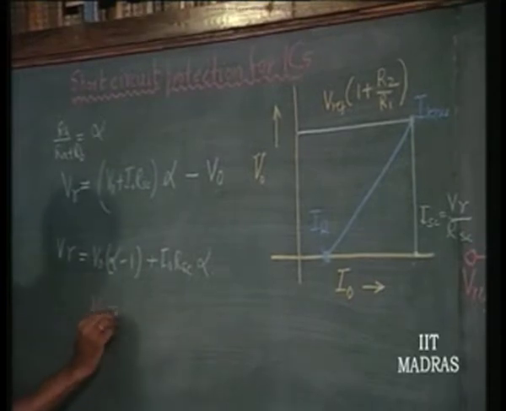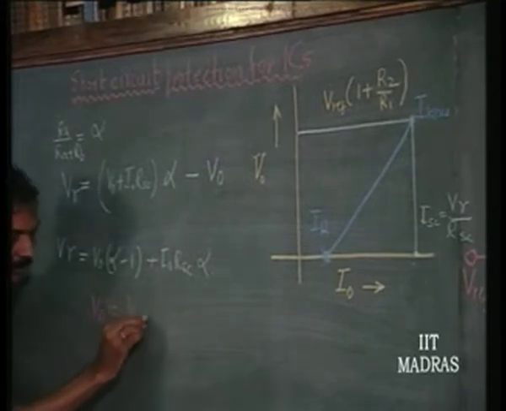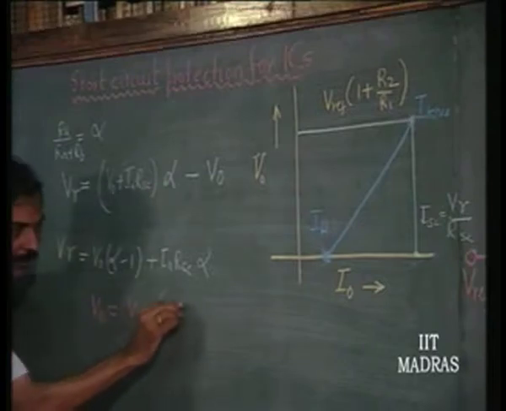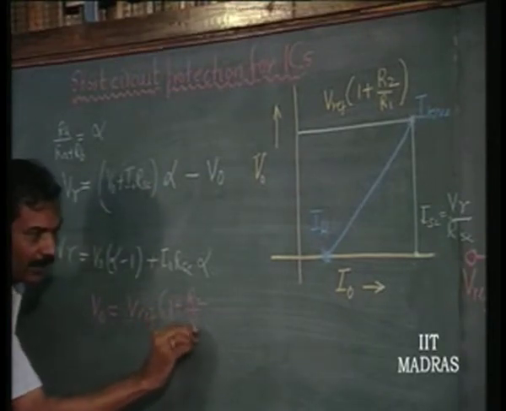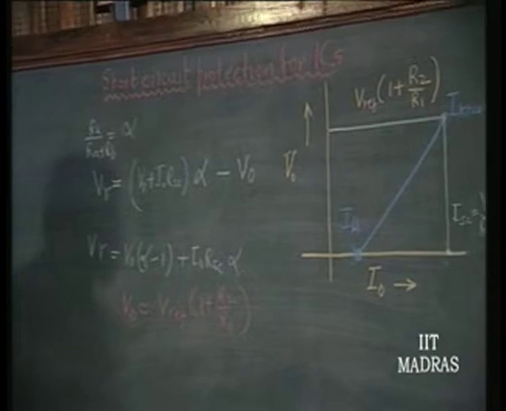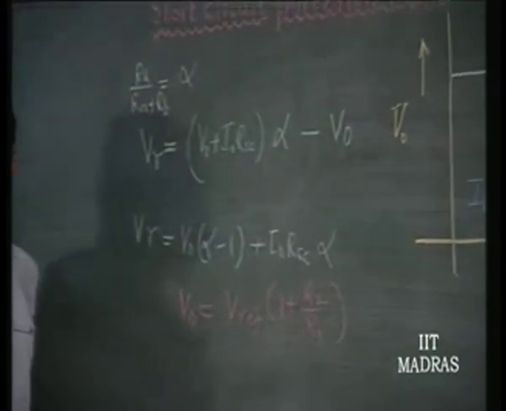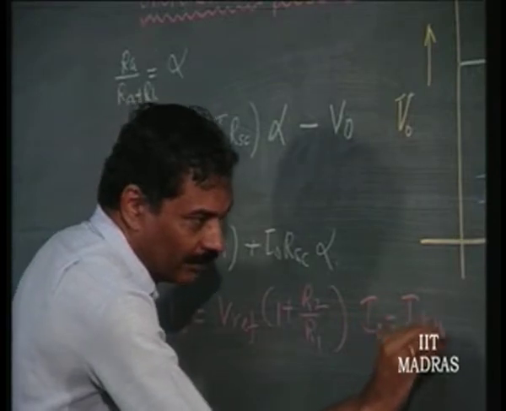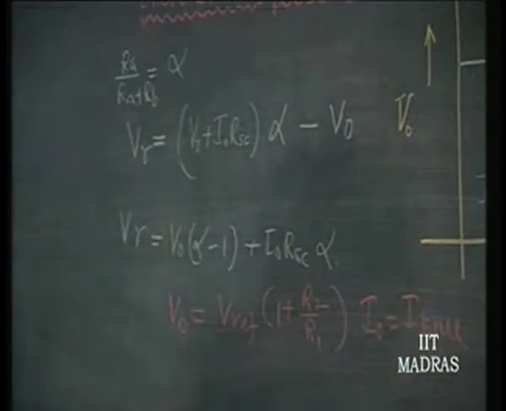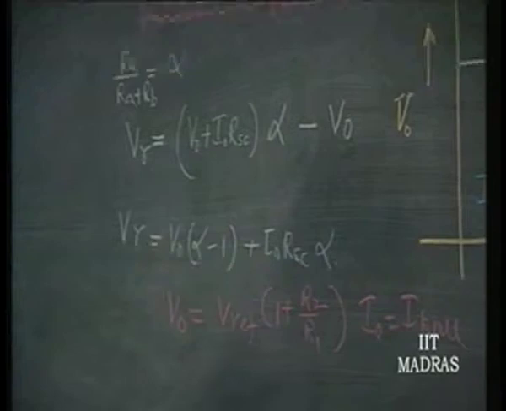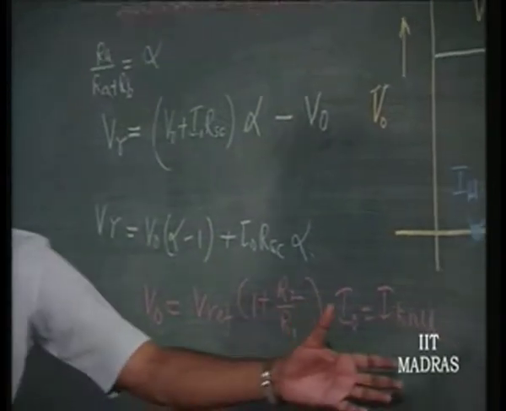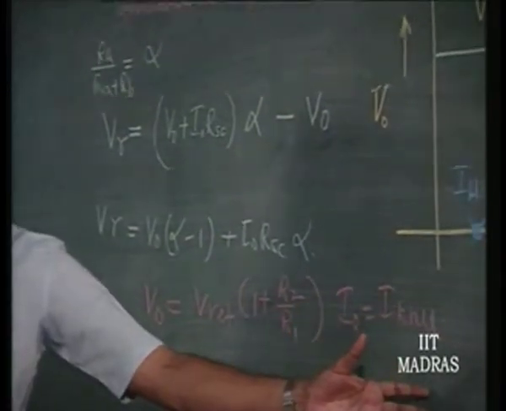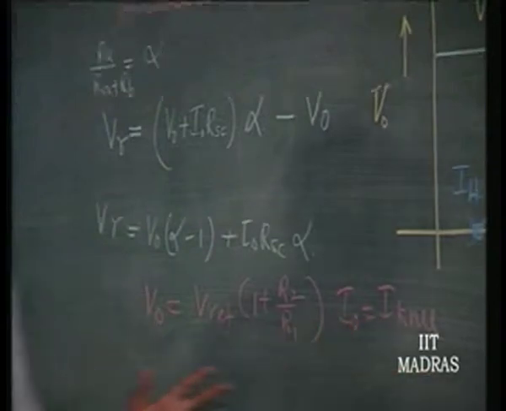V naught equals V reference into 1 plus R2 over R1. We know the value of I naught. What is it? I naught is going to be I knee, whatever be the maximum current that you are letting through this system, right. That is earlier called the short circuit current, that is the knee current. That is one known point.